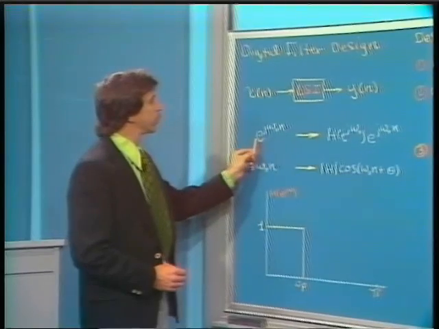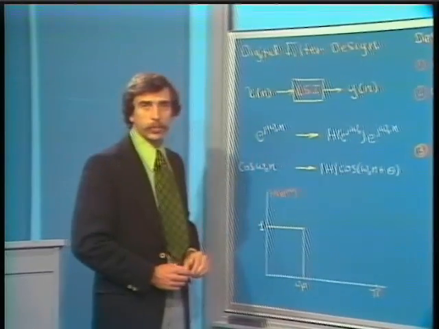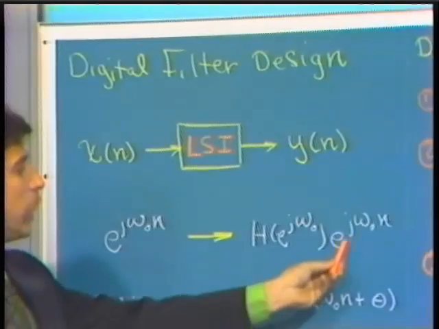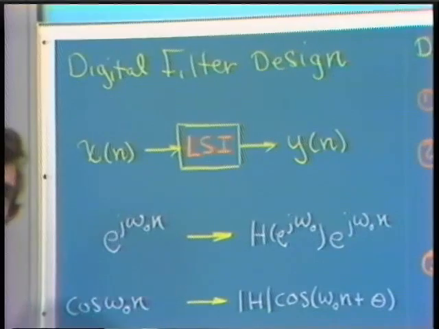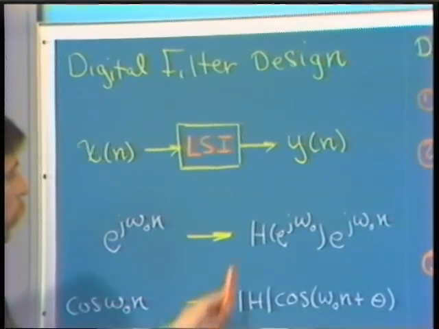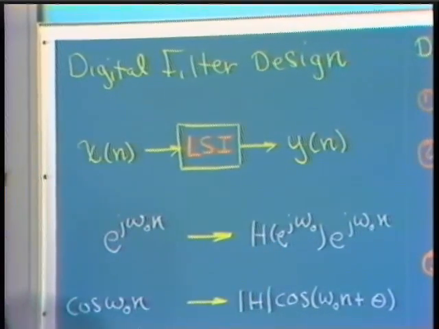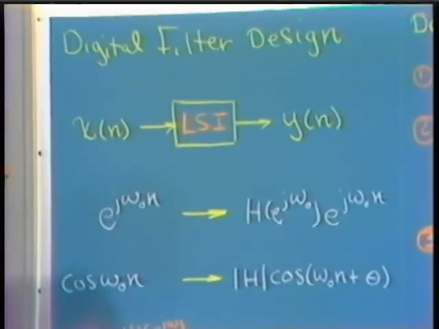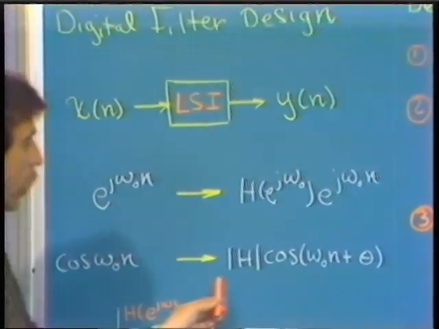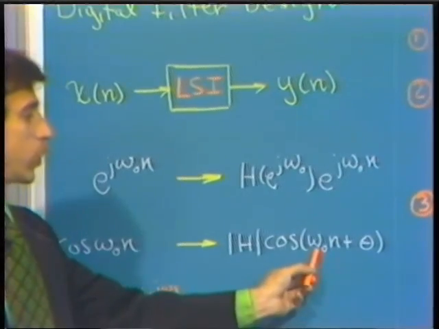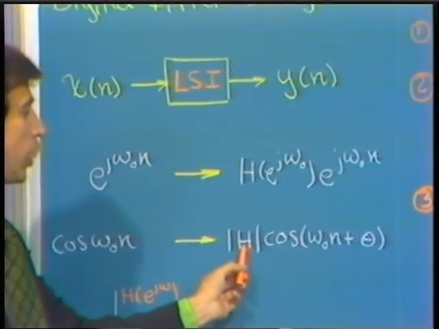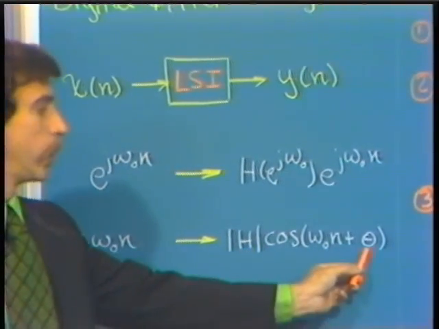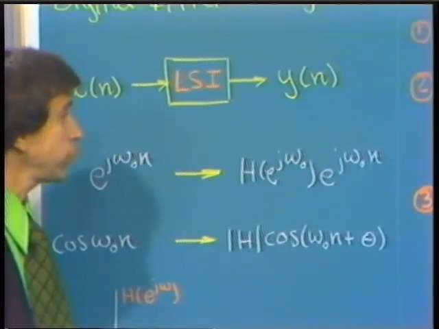In other words, with a complex exponential input, the output is a complex exponential of the same complex frequency multiplied by the system function H of e to the j omega. Or equivalently, with a sinusoidal input, the output is likewise sinusoidal with the same frequency, but with a change in amplitude and with a change in phase.